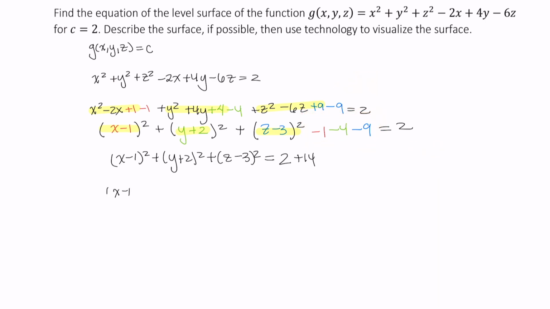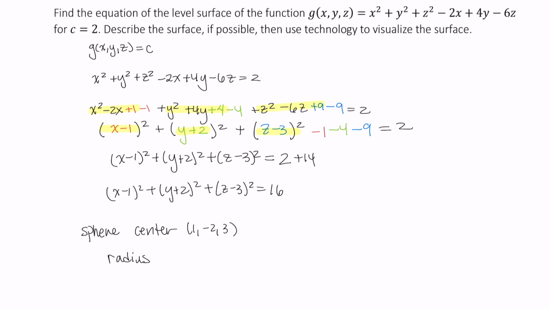And this is x minus 1 squared plus y plus 2 squared plus z minus 3 squared equals 16. This is the equation of a sphere with a center at 1, negative 2, 3, and radius equal to 4.